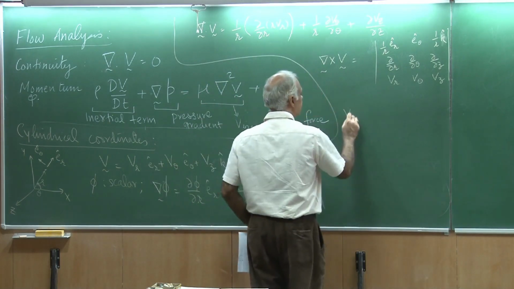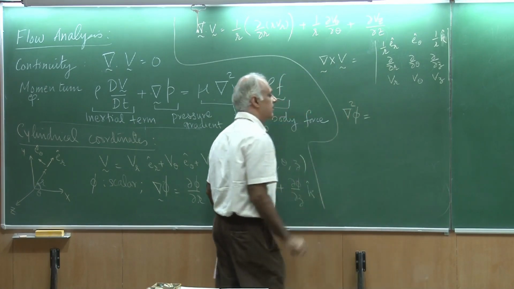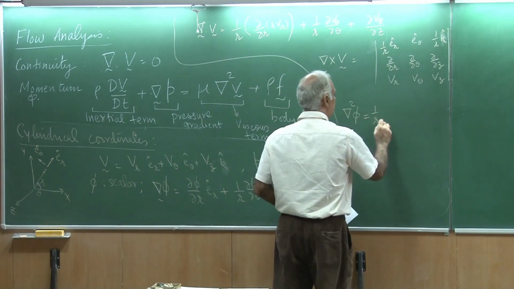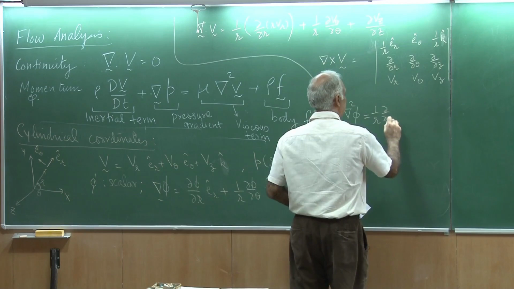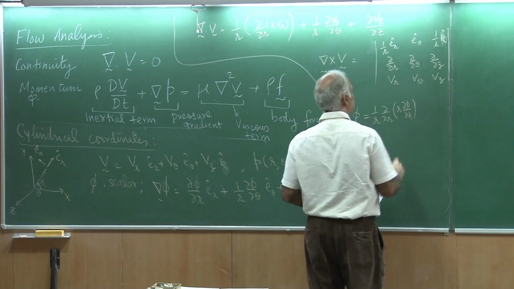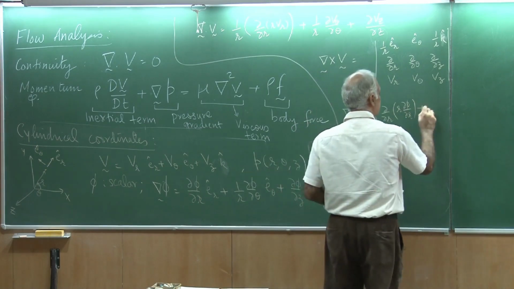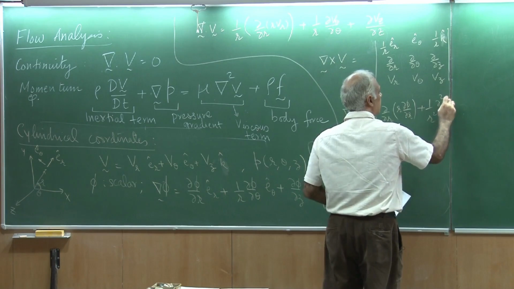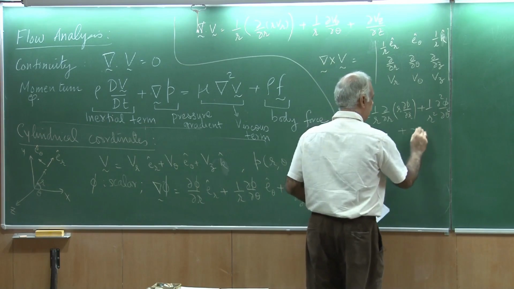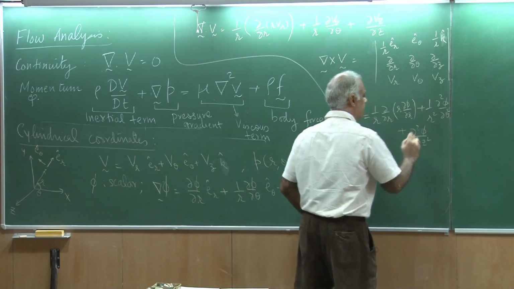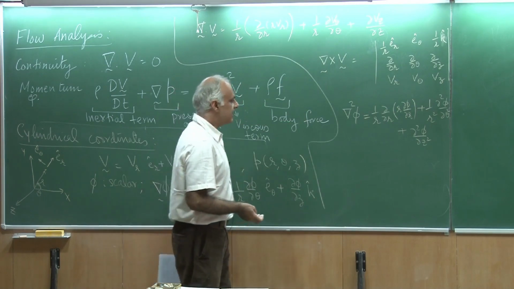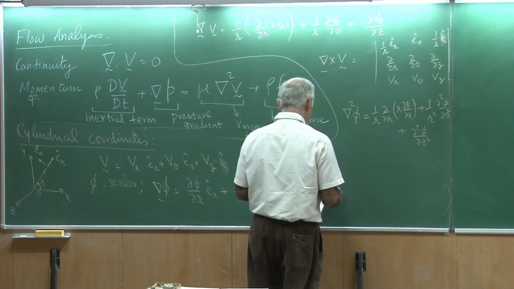How about the Laplacian? The Laplacian of a quantity phi is given as 1 over r del by del r of r del phi by del r plus 1 by r square del square phi by del theta square plus del square phi by del z square. Again, there are some differences with respect to the cylindrical coordinates, with respect to the Cartesian coordinates.